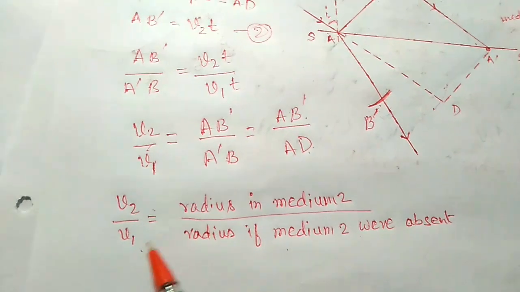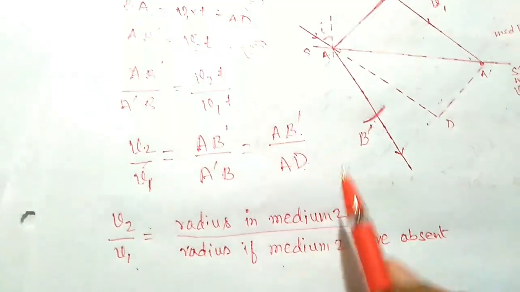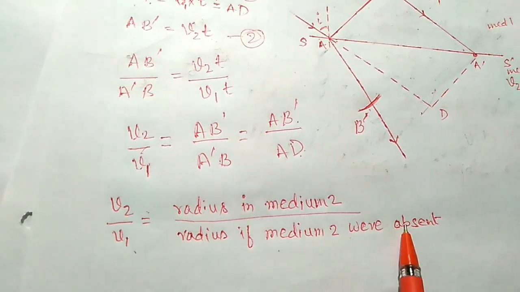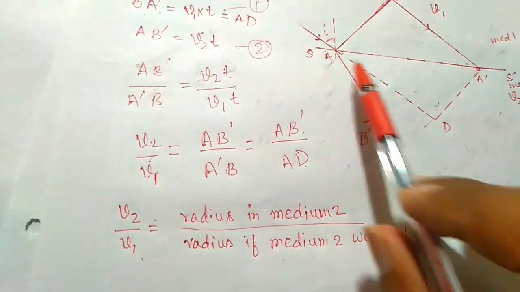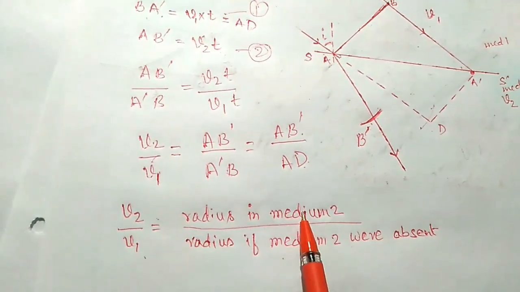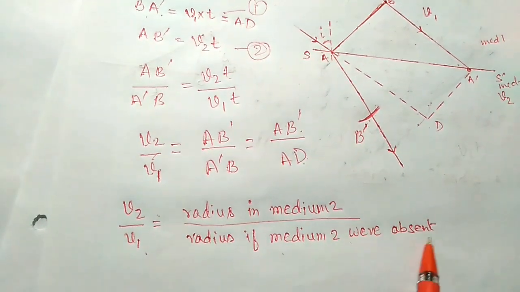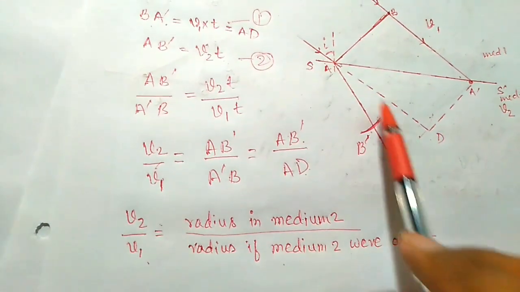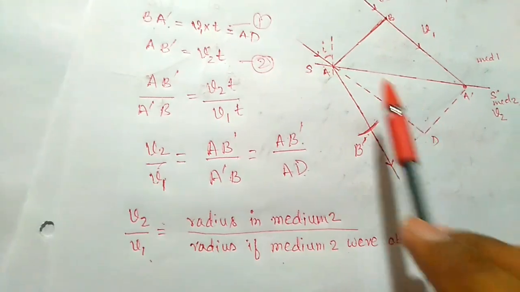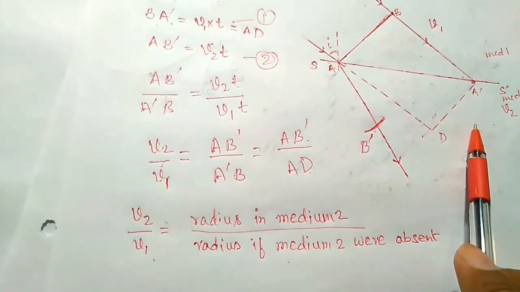So V2 upon V1 is equal to radius in medium 2, you can see here AB dash, and radius if medium 2 was absent, means AD. Means AB dash is the radius in medium 2, and the radius if medium 2 were absent, meaning the radius when medium 2 was not there. Since this is AD, we are considering that this is in medium 2 when medium 2 was absent.